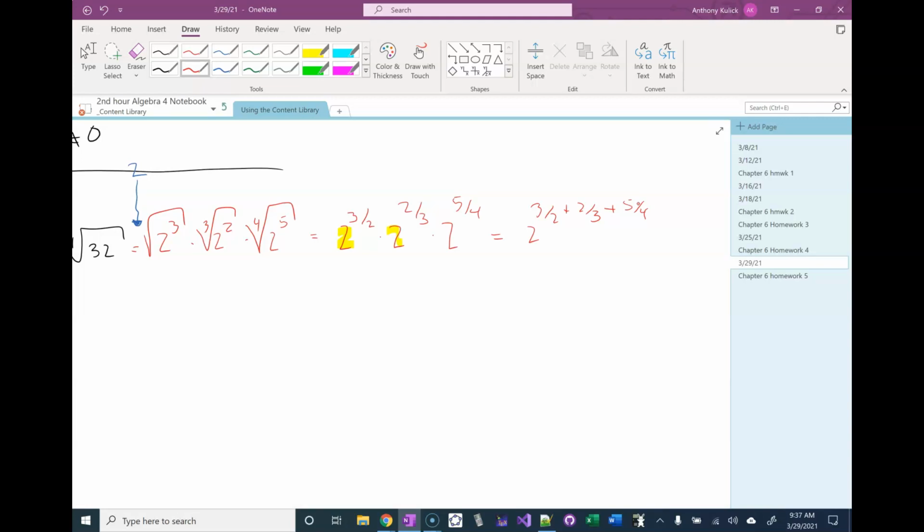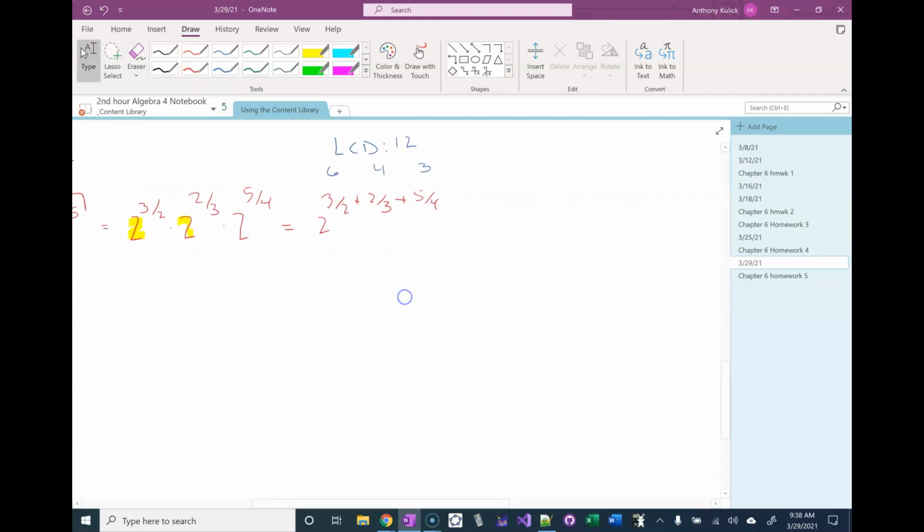I need to make a least common denominator there to add those fractions. In this case, that common denominator would be 12. So I'll multiply the first one by 6, and then 4, and then 3. Everybody's okay there?